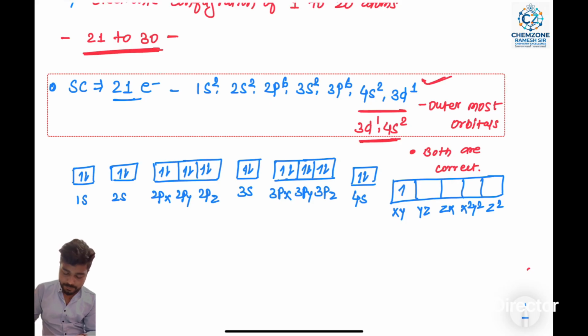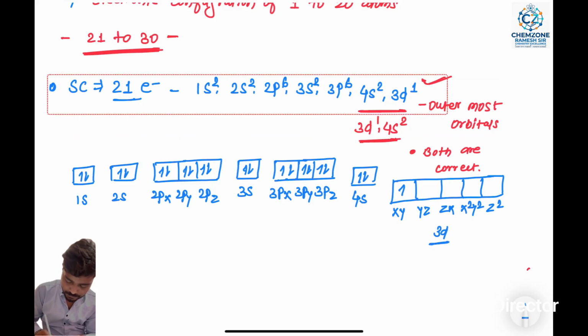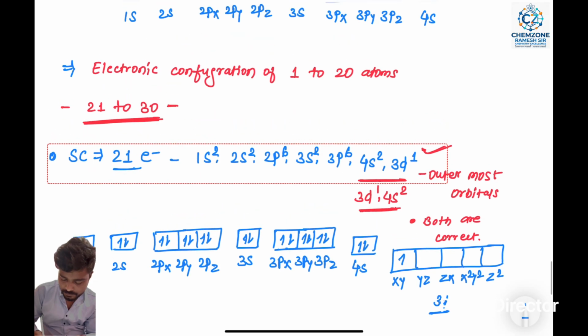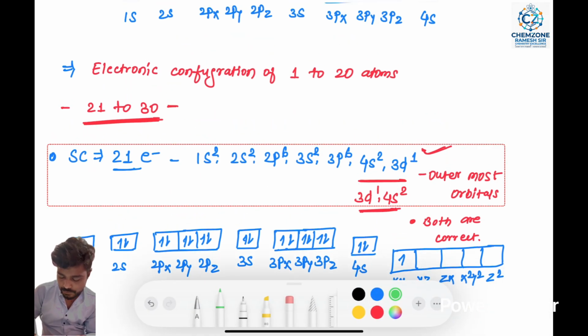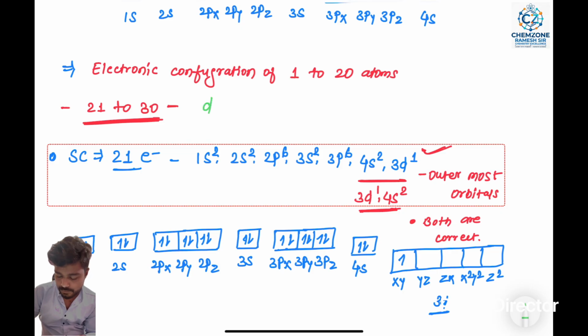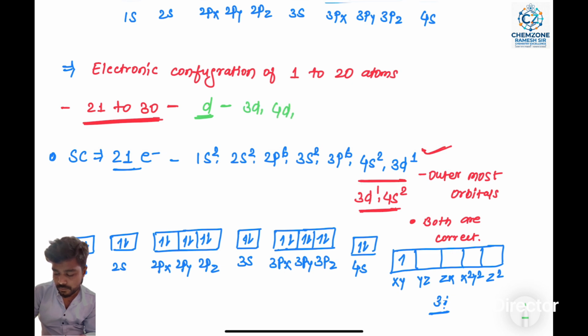Okay, then next, 21, the last orbitals, means d orbitals, that is 3d. Starting with d orbitals, there are 3 series: 3d, 4d and 5d.